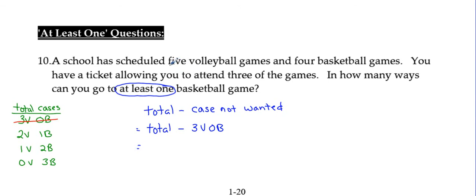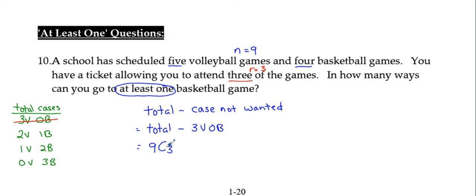So in this case, because you have 5 volleyball games and 4 basketball games, your N is 9. There's a total of 9 possible games. You are going to attend 3 of them, so that means your R is equal to 3. So the total number of ways that you can go to 3 games is 9C3.